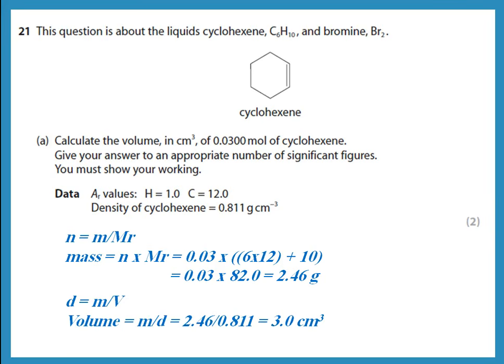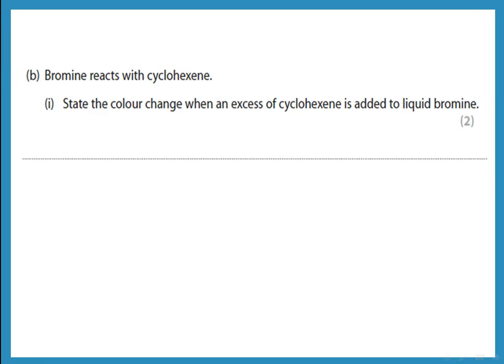I can use the equation for density. We know that density is mass over volume, so the volume would be the mass over the density, and that gives me a volume of 3 centimeter cubed. Remember that he gives me the density in gram per centimeter cubed. So that means that my volume will automatically come out as centimeter cubed.